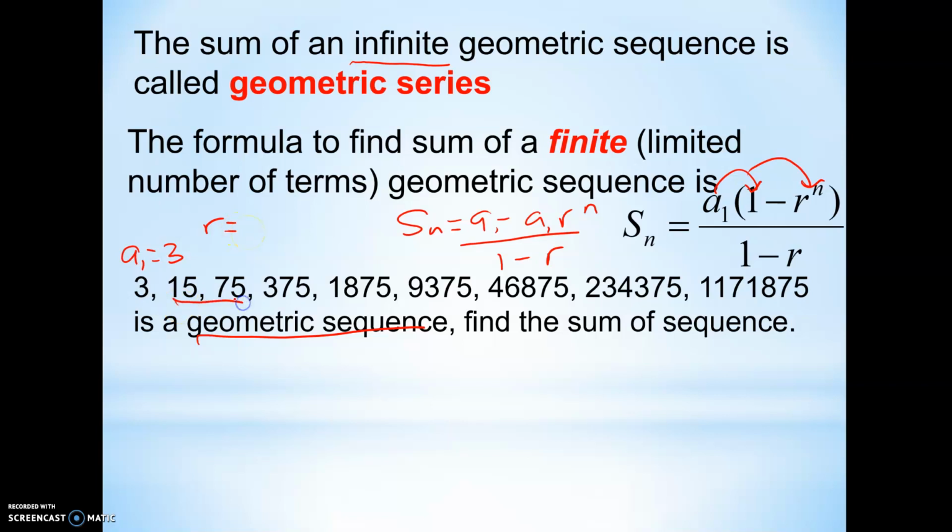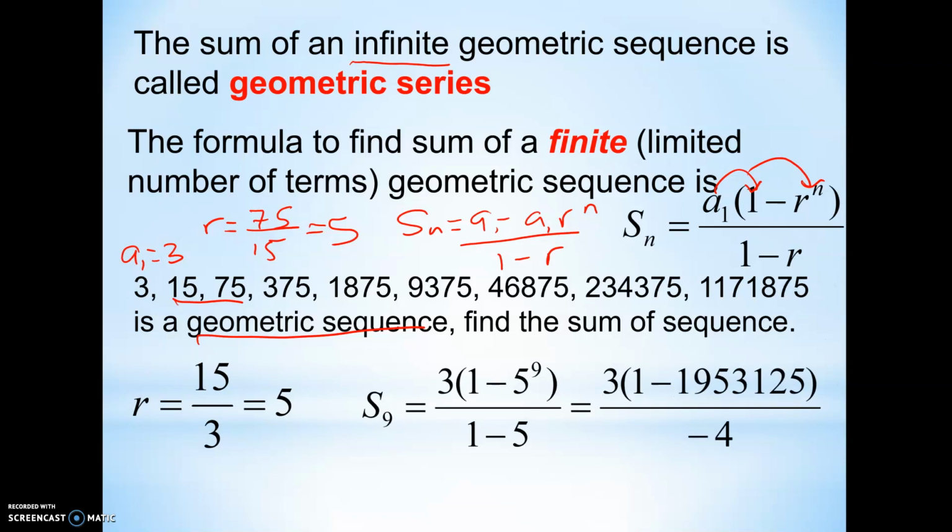Well, you could find the common ratio by using any 2 consecutive terms, and you always put the second term over the term before it that you chose, and that gives me 5. Here in the PowerPoint, if I use the first 2 terms, I put the 15 on the top and the 3 on the bottom, I still get r is 5. And once I plug in, this is s sub 9 because there's 9 terms here, and that means r, which is 5, is going to be raised to the 9th, according to this formula, because n is 9, and a sub 1 is 3.